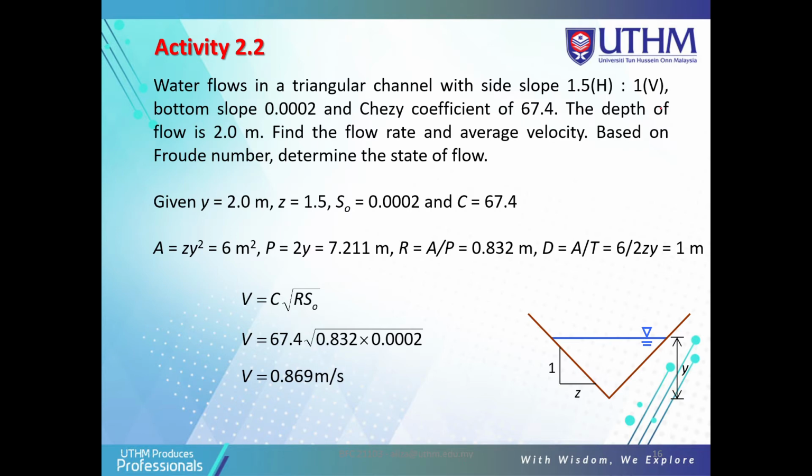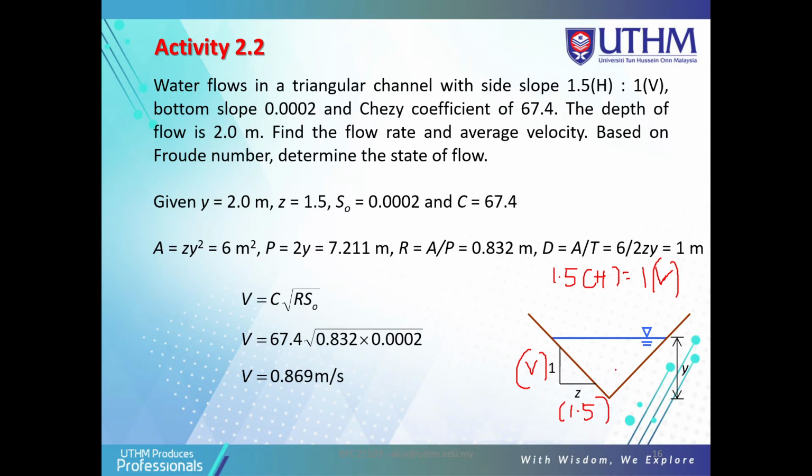So the side slope here is 1 over z. The vertical is 1. They mention that the vertical is 1, this is for the vertical, and the horizontal is 1.5. So this one, 1.5, that means z is 1.5.